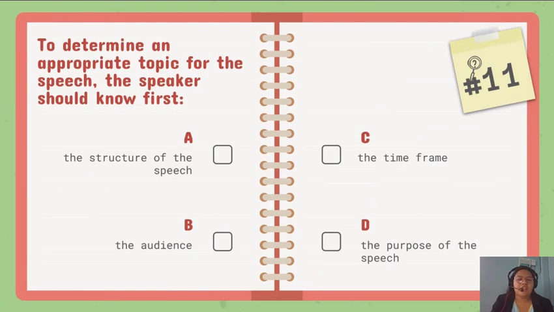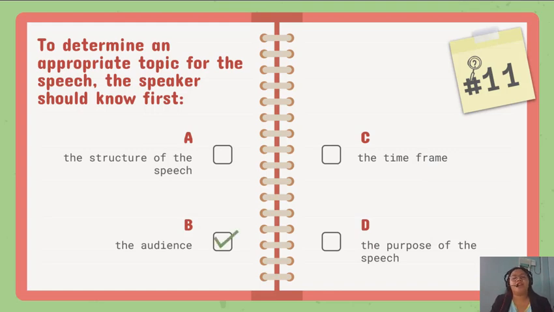Number 11. To determine an appropriate topic for the speech, the speaker should know first A. The structure of the speech, B. The audience, C. The time frame, or D. The purpose of the speech.